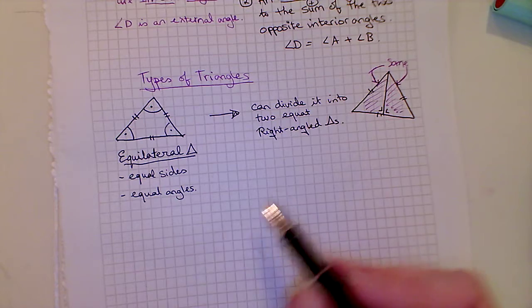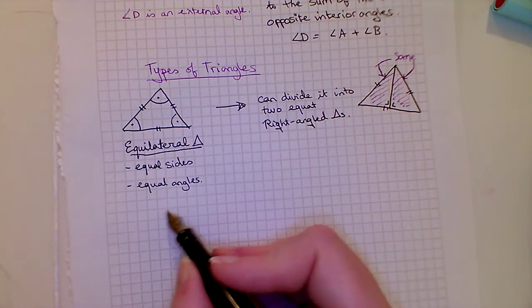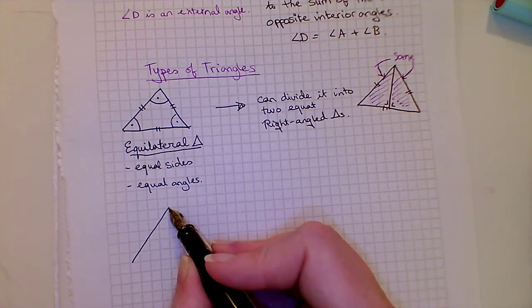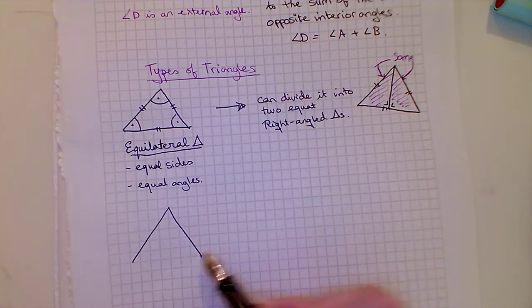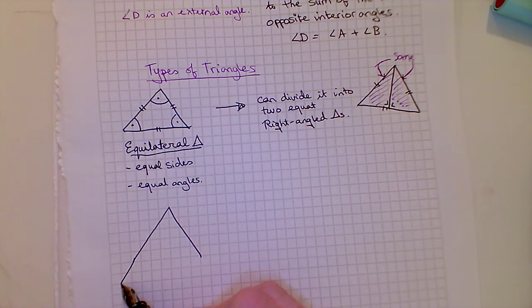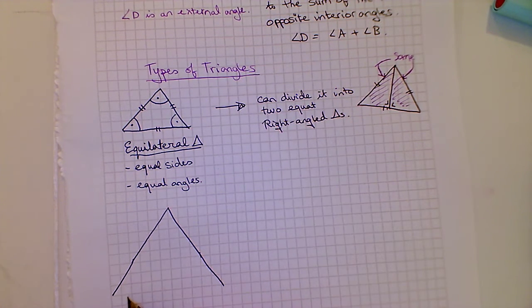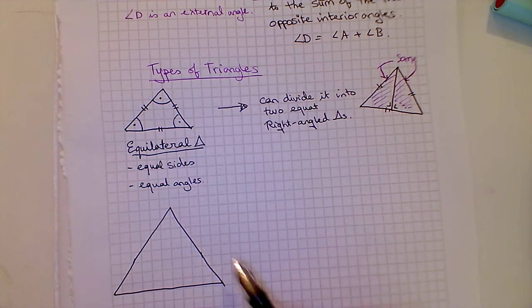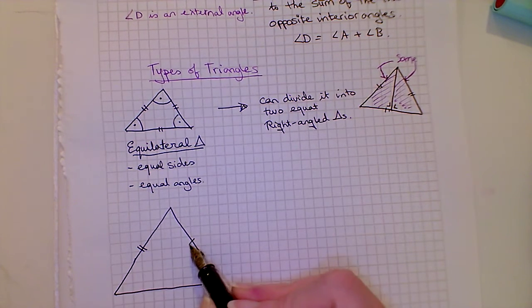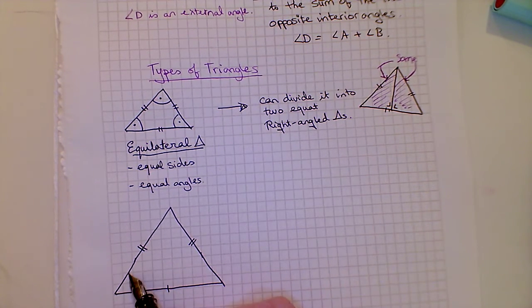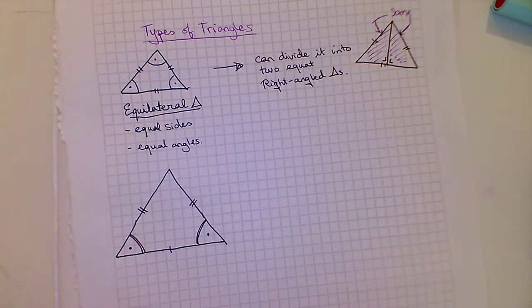Now, the next kind of triangle we want to talk about is where only two sides are the same. Like this. Down a bit more. This one's ending up being more like an equilateral triangle. So two sides the same and one of them not the same. The two angles that match the two sides, I sometimes call them the base angles, are also equal.